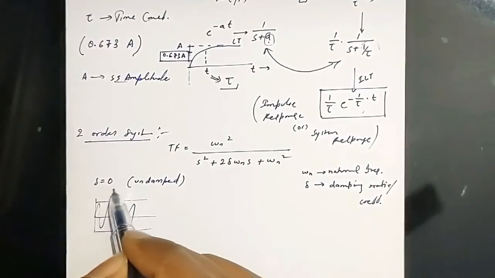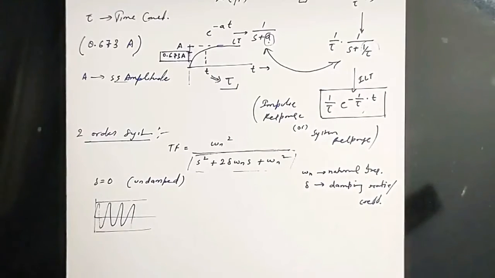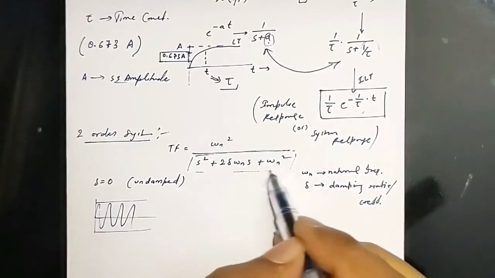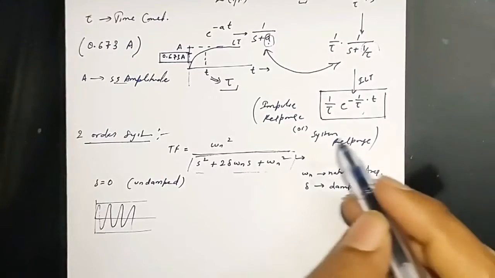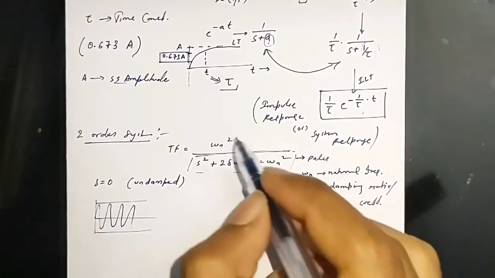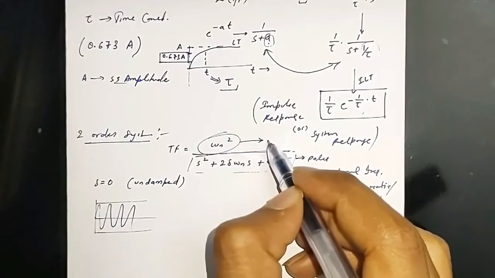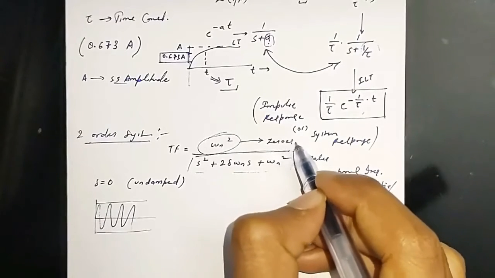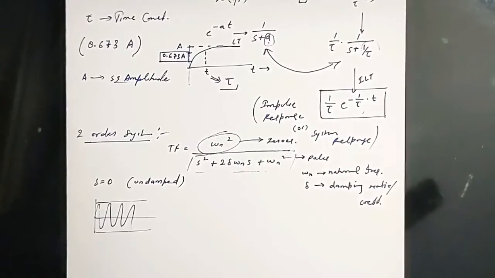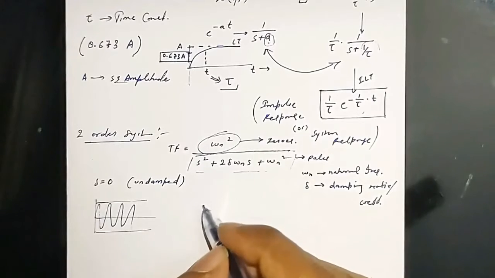Let's put zeta is equal to 0 in this equation because we are going to focus only on the poles. In the denominator, we know that from denominator we get poles, and from numerator we get zeros. For now we are focusing on poles only, so we will put zeta is equal to 0 in this denominator equation.